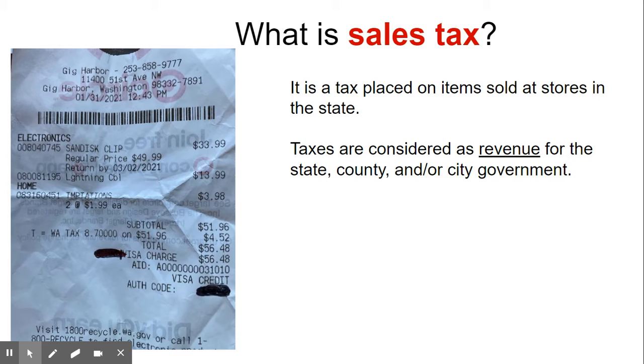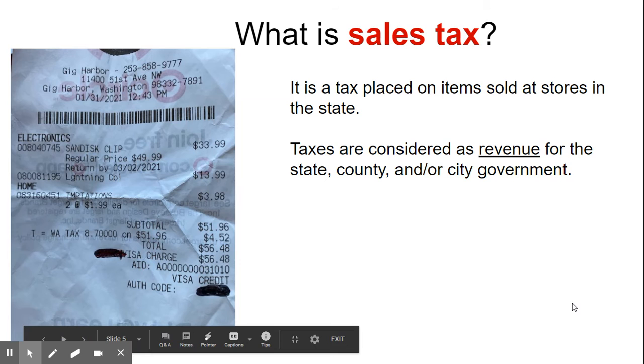So we're charged sales tax so our community can earn money, repair roads, cut down trees if needed, repair bridges, lots of different things for our city. Even sometimes sales tax is used for other items through the government.